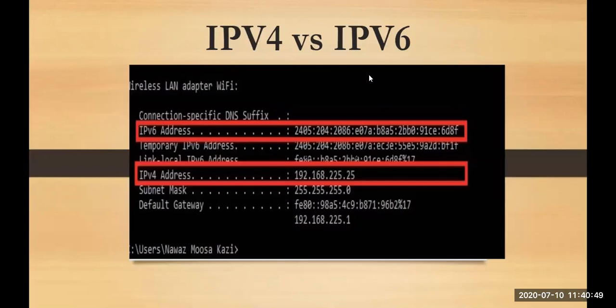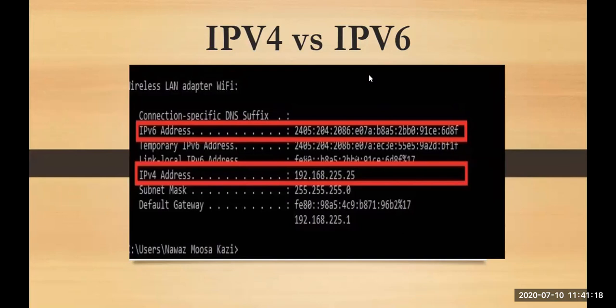I'll repeat again. The first point was IPv4 stands for Internet Protocol version 4, and it is a 32-bit IP address. Whereas IPv6, Internet Protocol version 6, is a 128-bit IP address. You can see that there is such a big difference. Second, IPv4 is a numeric addressing method.